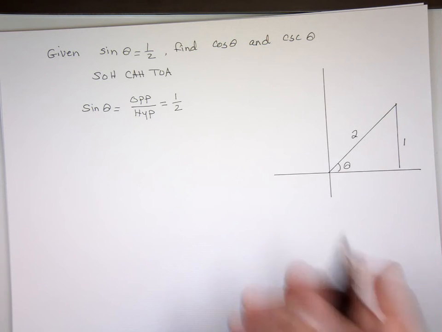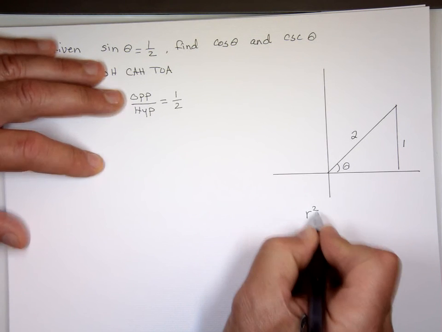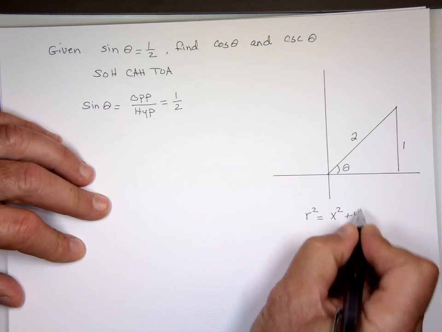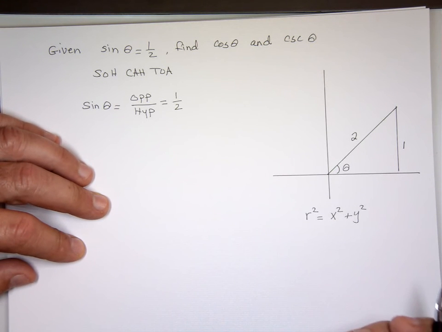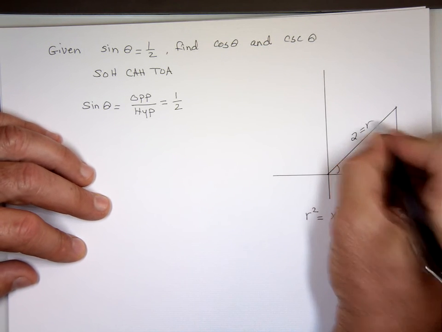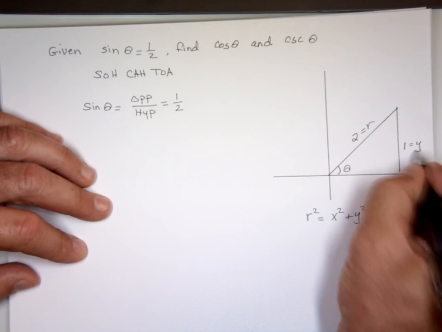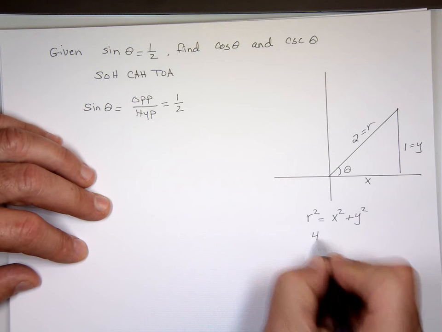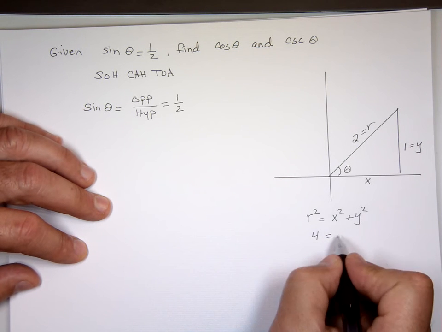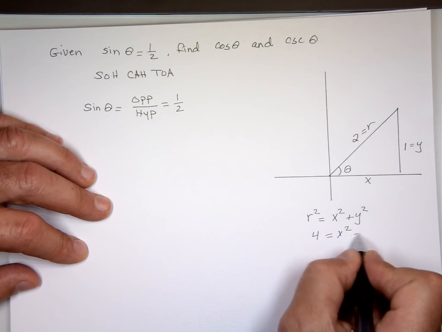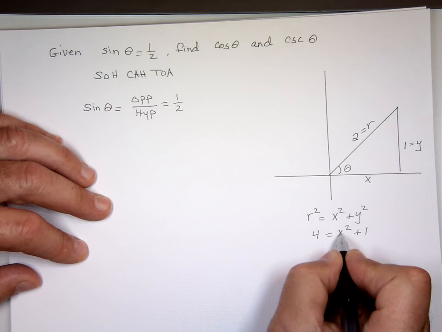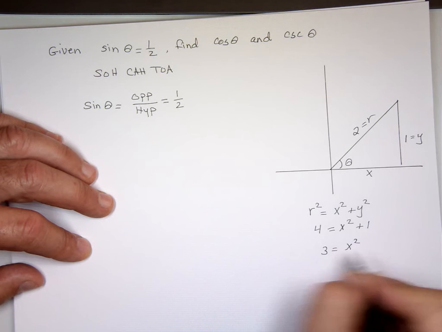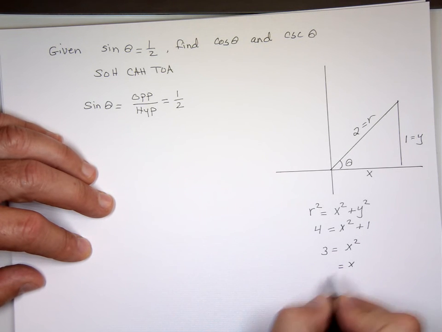R squared equals x squared plus y squared. This is R here. This is y. This is x. 2 squared, that's 4. Equals x squared plus, what's 1 squared? 1. x squared equals 3. x equals what? The square root of 3.